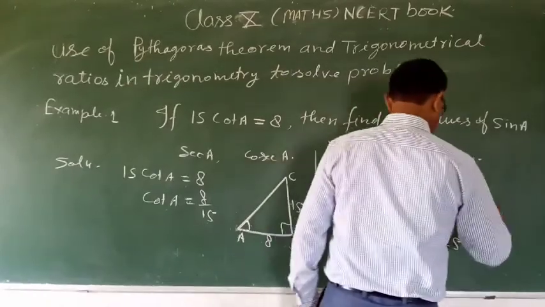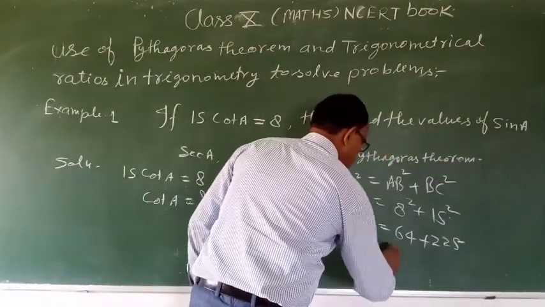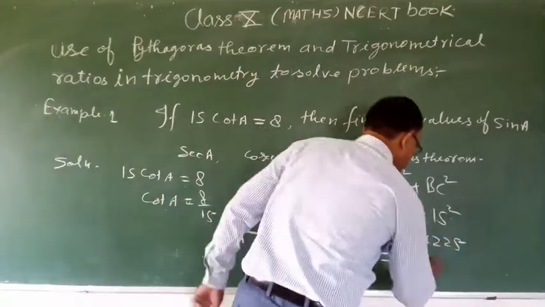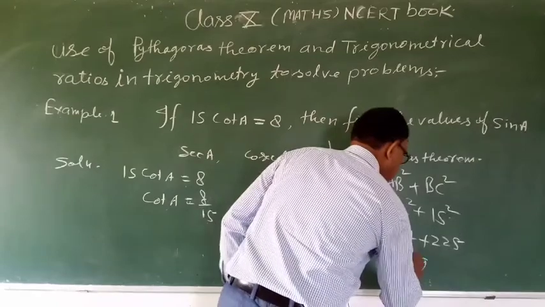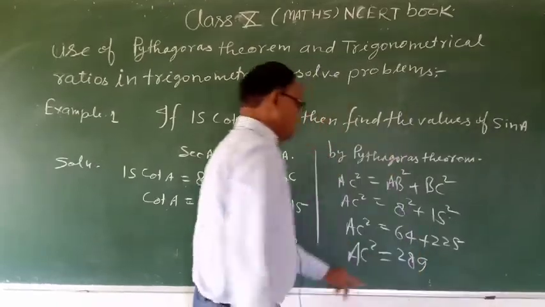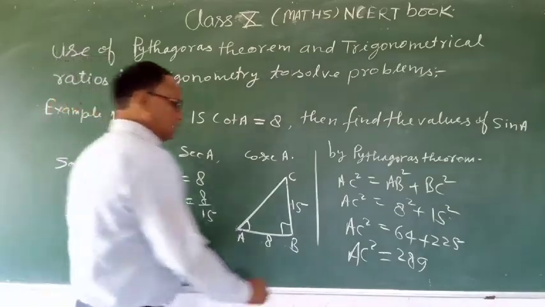Add both, AC square is 289. AC is equal to the square root of 289.